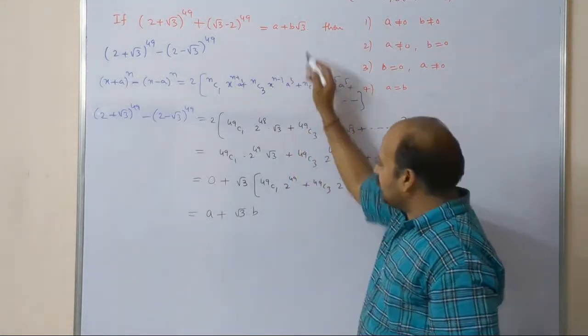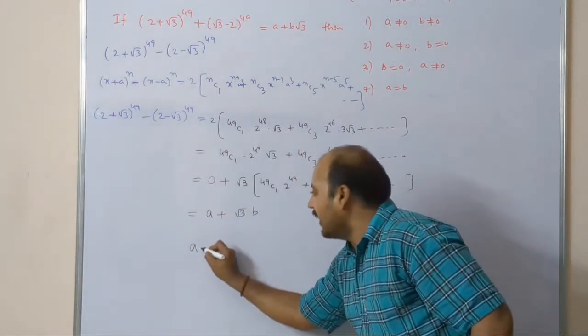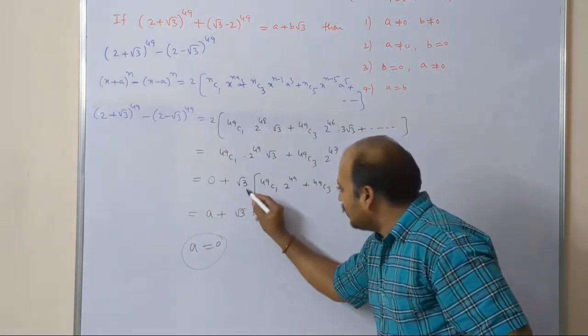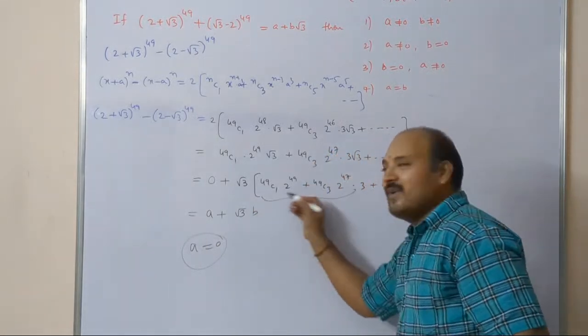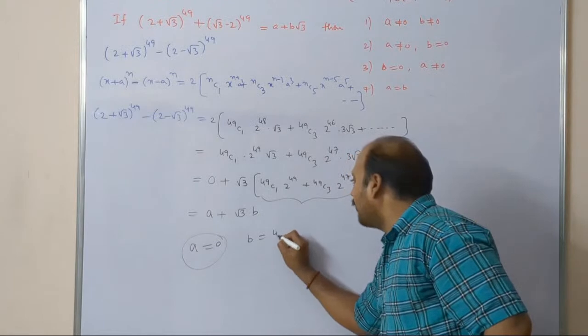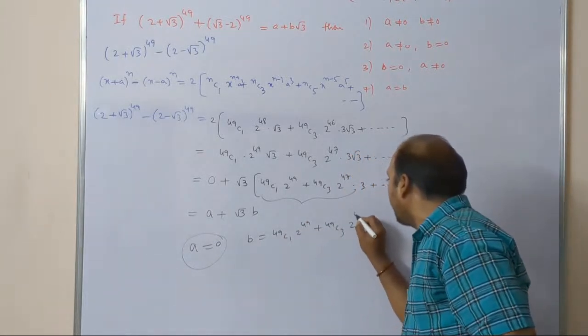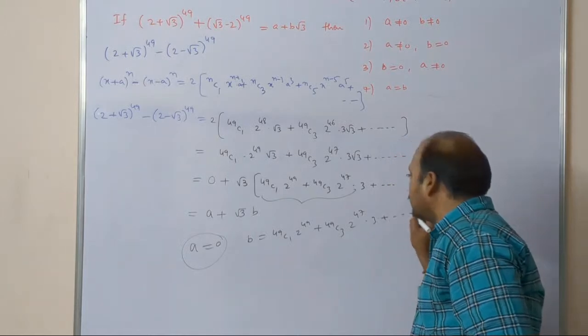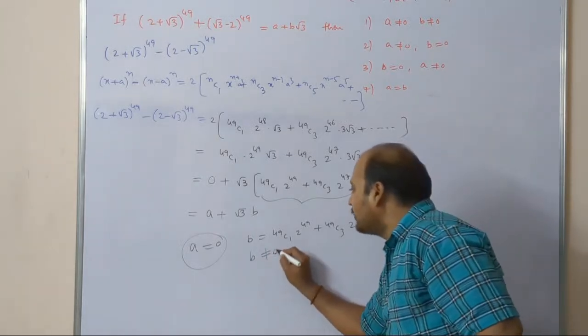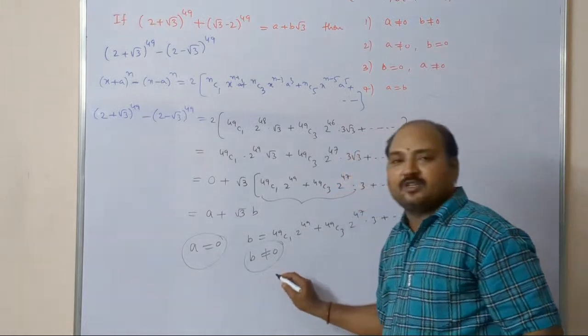So a plus root 3 b. What is the value of a? From this, a is equal to 0. The root 3 is cancelled, and this value is b only. So b is not equal to 0. By observing this value, b is not equal to 0. A is equal to 0, b is not equal to 0.